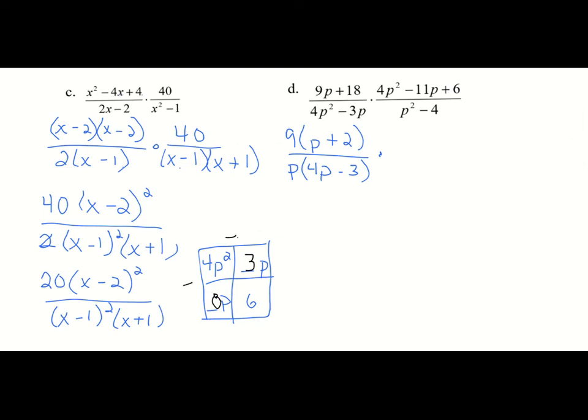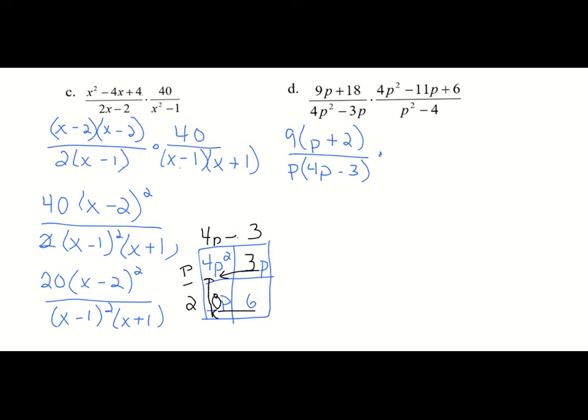So when I factor, my greatest common factor for 8p and 6 will be 2. For 4p squared and 3p, we're going to have a p. And then 4p squared and 8p will be 4p. And 3p and 6 will be a 3.